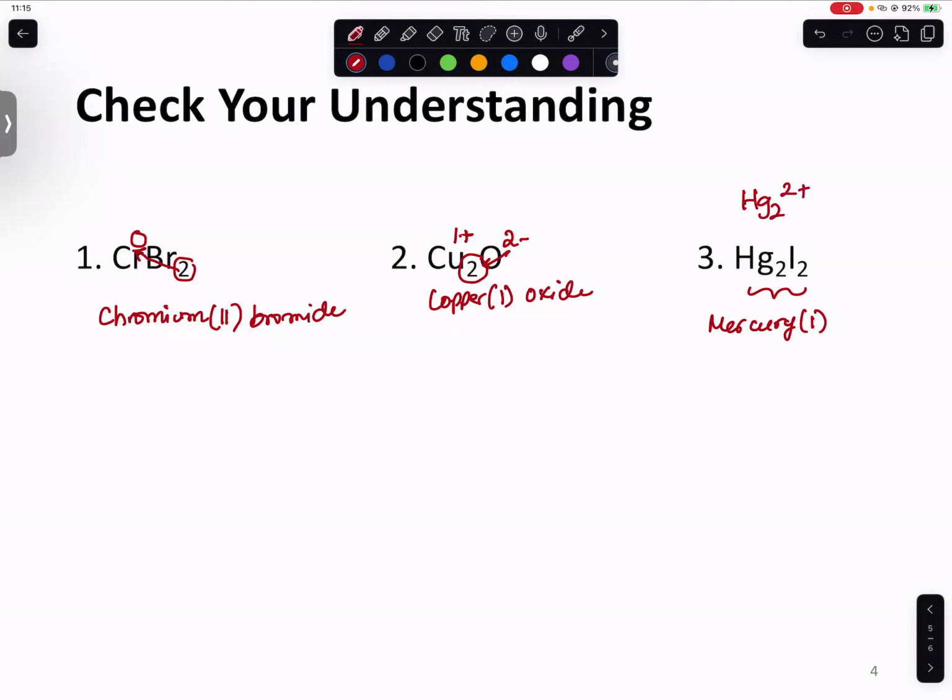So this is mercury(I). Let me write this down. Mercury(I) ion is Hg2 2+, and mercury(II) ion is Hg 2+. And the last thing is, instead of iodine, I will add iodide. I hope this makes sense.